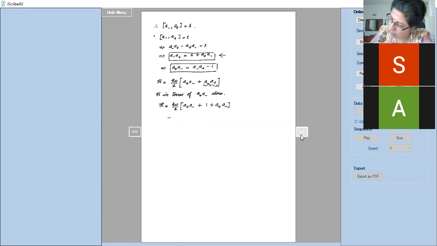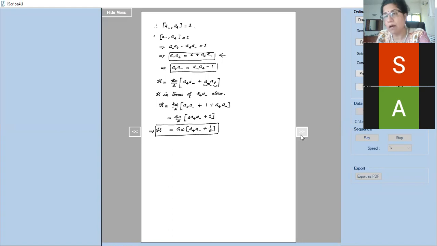So this tells us that H is ħω/2 times (2a+ a− + 1). Or we can do better, we can take in this half, so the Hamiltonian is going to be ħω (a+ a− + 1/2). This is again a very important relation.